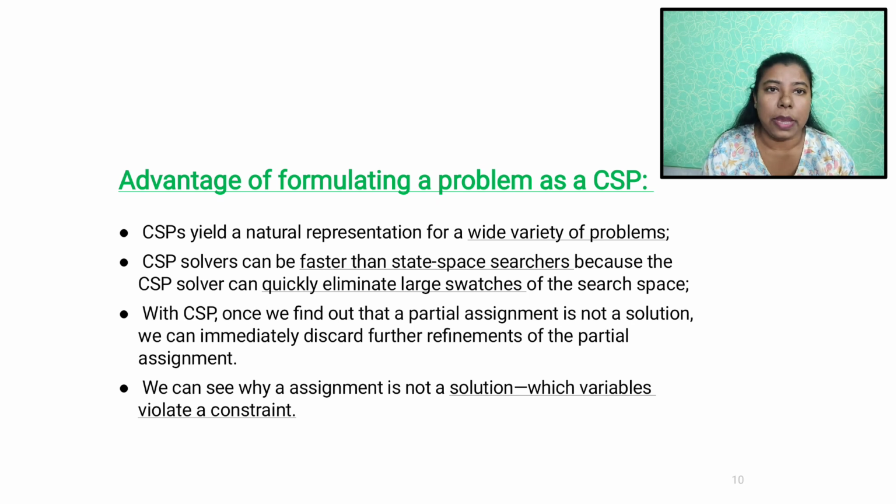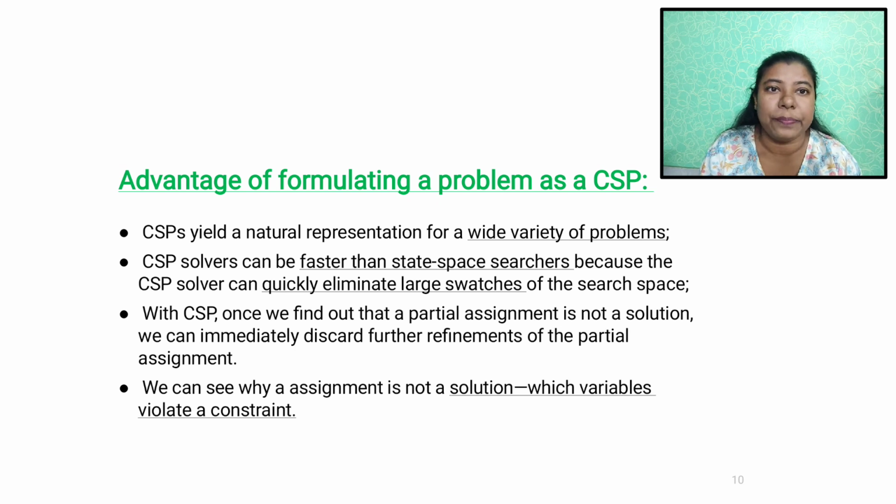And with CSP, once we find out that a partial assignment is not a solution, we can immediately discard further refinement of that partial assignment. As we said, if it does not satisfy my first criterion, definitely it will not satisfy the next criterion. So I immediately go back to the previous one and go for another route to explore the solution.